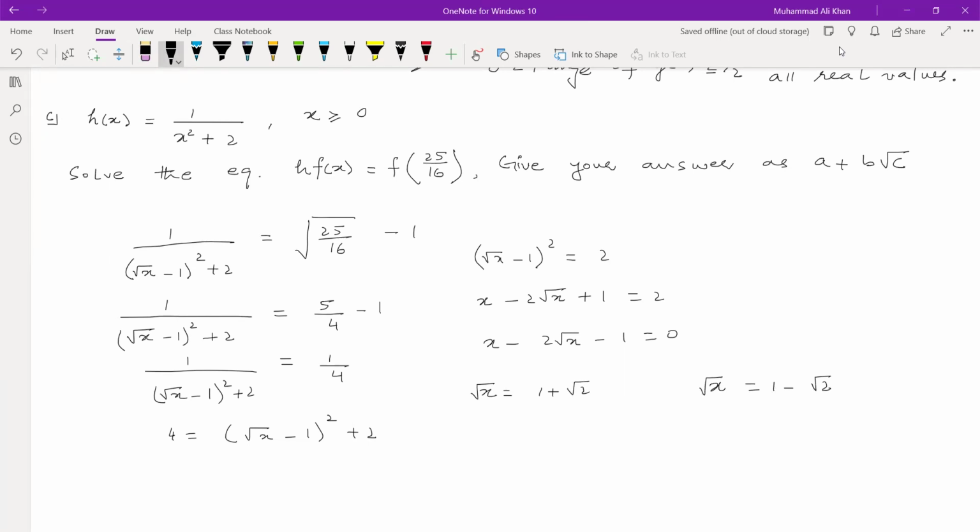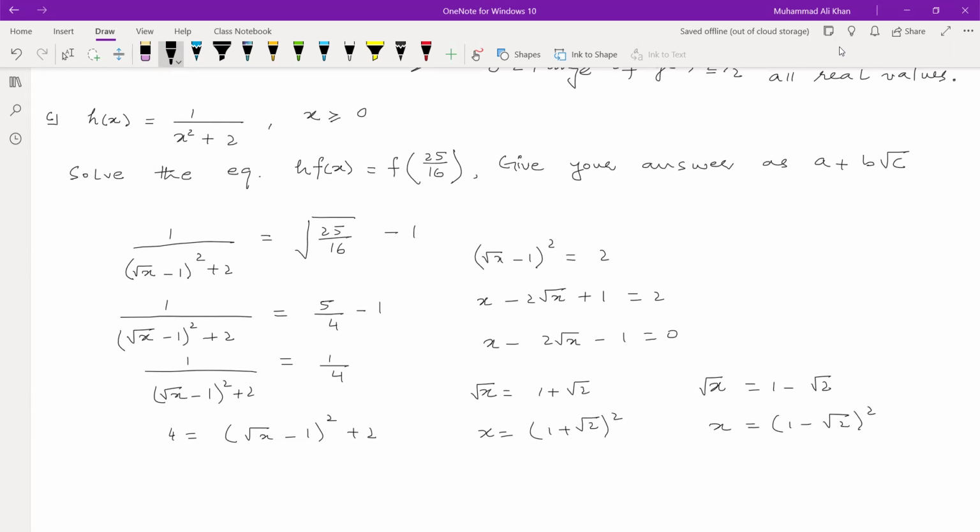Here, small x is x power half. Now, squaring both sides, x equals 1 plus under root 2 whole squared, and here x equals 1 minus under root 2 whole squared.